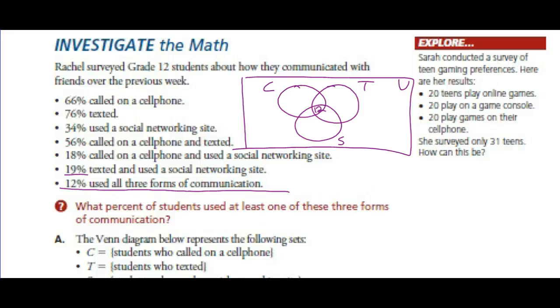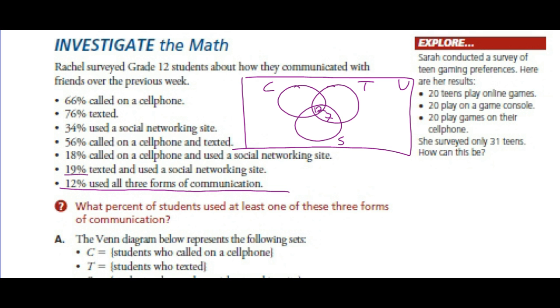So what number goes in here? What's the total of people that texted and used social networking? 19. And how many of those have we accounted for already? 12. So how many are in here? 7.